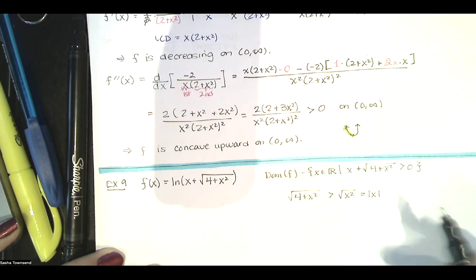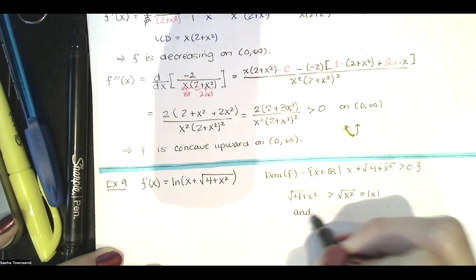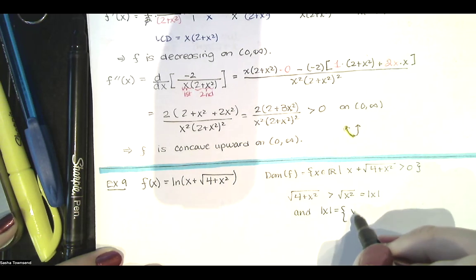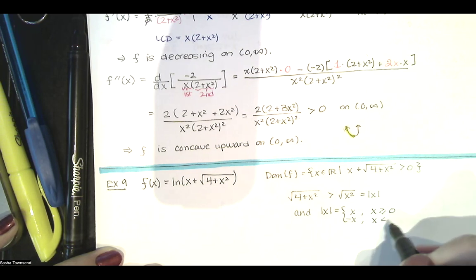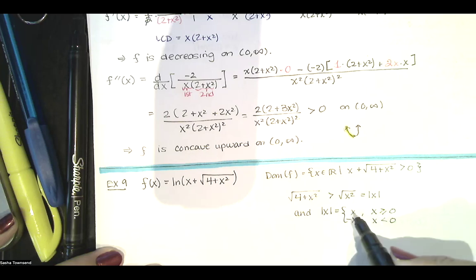So we see that this is true, and we know that the absolute value of x is x when x is positive or 0, and it's -x when x is negative. Of course, it's just itself when x is positive or 0, and if x is a negative value, we multiply by -1 to get a positive answer.